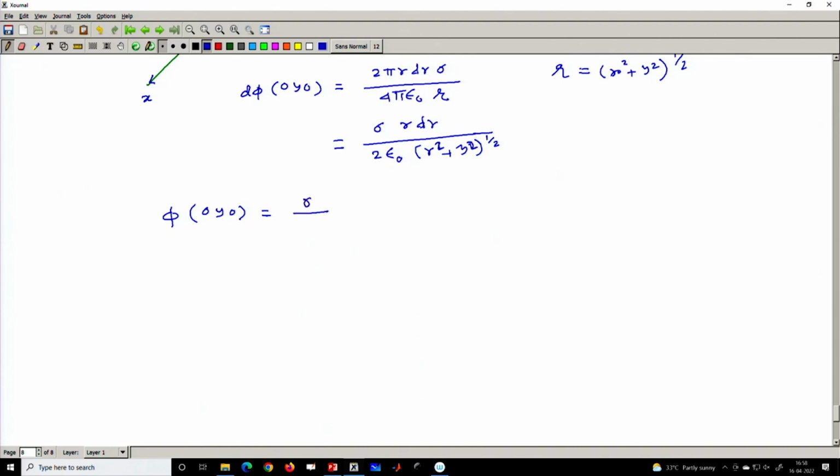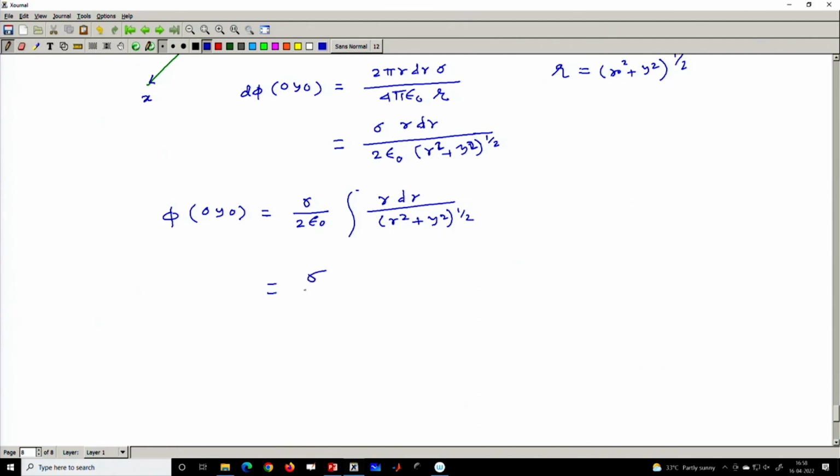So sigma divided by 2 epsilon 0, and then the integral of r dr divided by r square plus y square whole to the power half. This integration is simple.